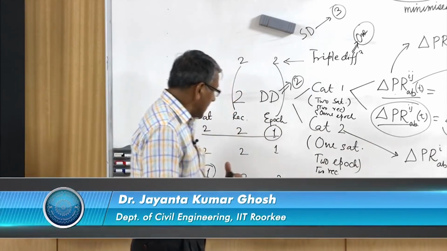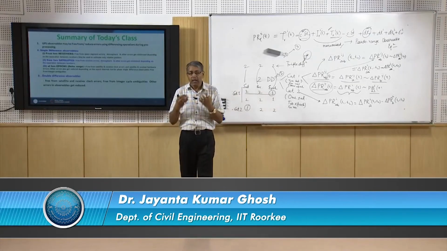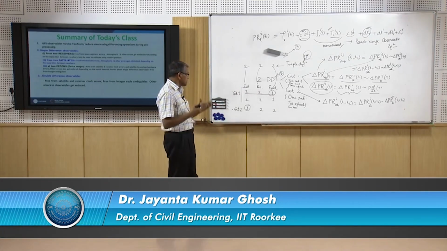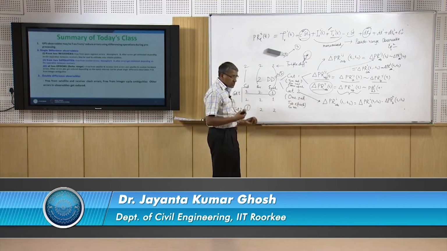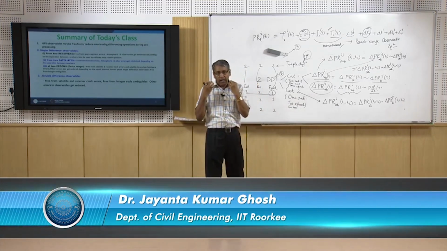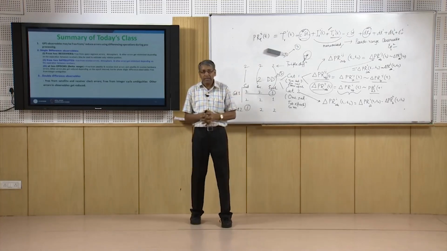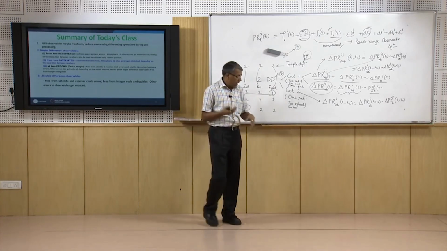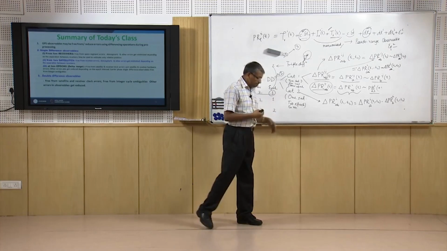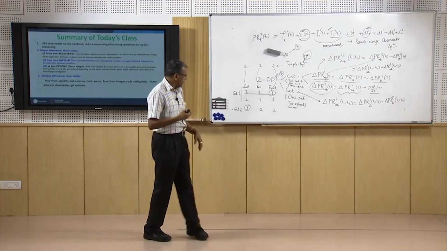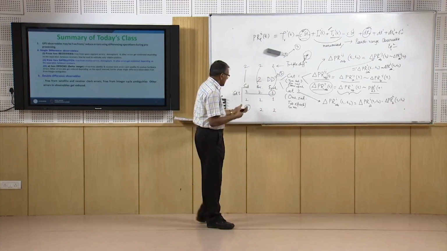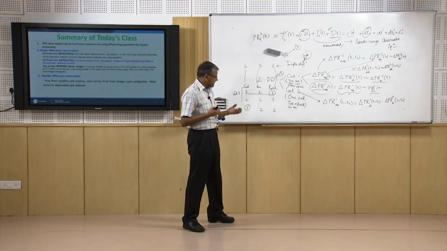In the second category we may take the observables from two receivers coming from one satellite, but at two different epochs. In that case also we may reduce the error due to receiver as well as satellite.